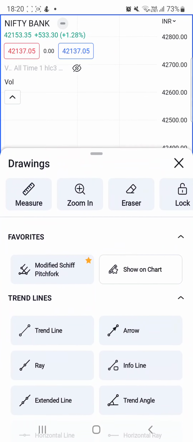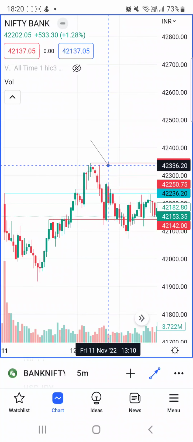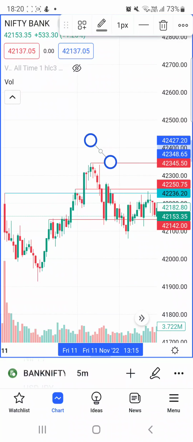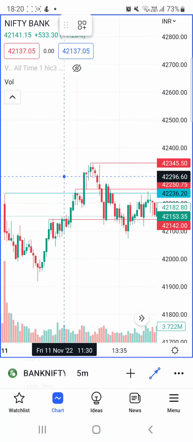So when I draw a minor price vector from this low to this low, instead of highs I will take lows now, because now it is in downward momentum.